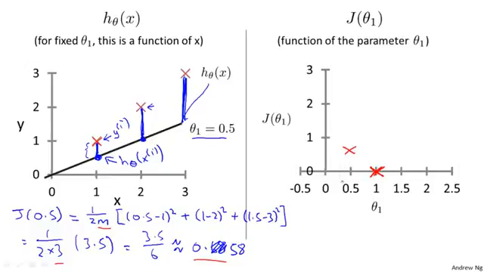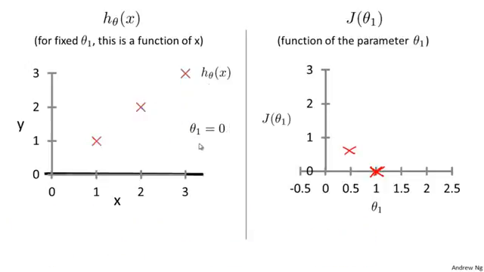Now, let's do one more. How about if theta 1 is equal to 0? What is J of 0 equal to? It turns out that if theta 1 is equal to 0, then h of x is just equal to this flat line.